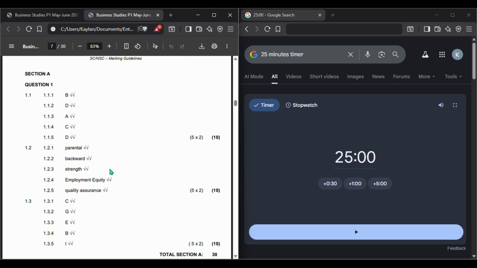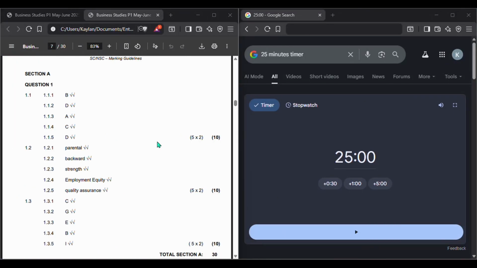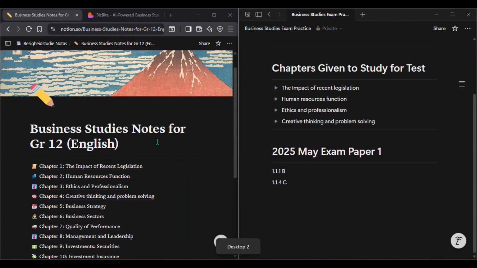In fact, you fix your mistake and you understand why your first answer was wrong and why the second one is right. And remember, you can use the notes to help you answer the exam questions. You do not need to do it without the notes whatsoever. The reason being, the memorization already happens if we do a lot of the exam questions over and over and over again.